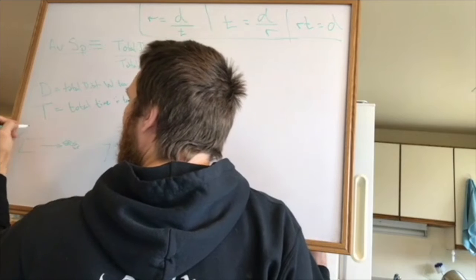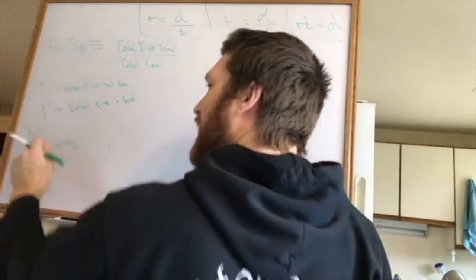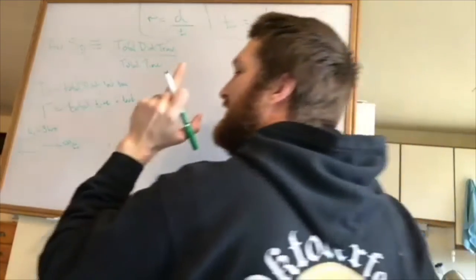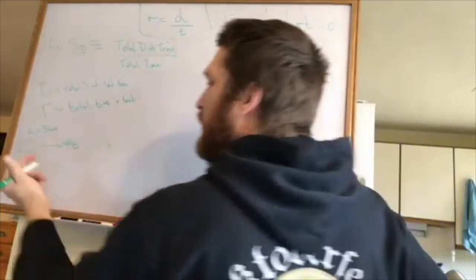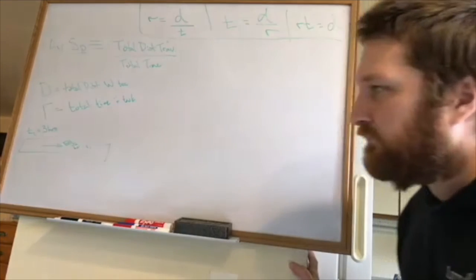And the time, I'm going to call it T1 here, the time for trip 1, T1, was 3 hours. So that's the information we have. We know the time it took, and we know his rate. So that's rate 1 right there.